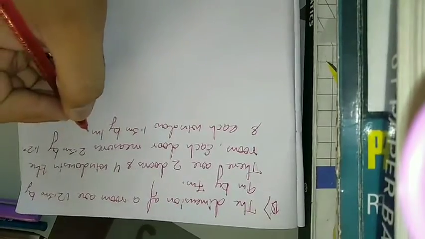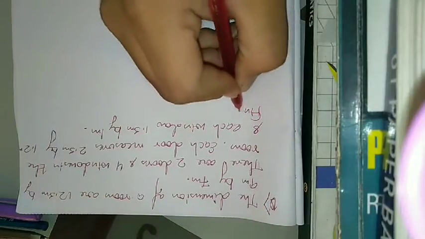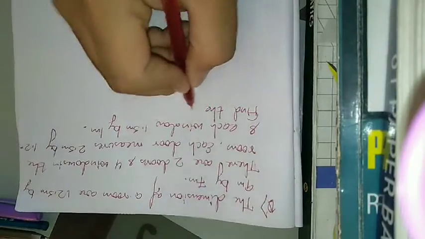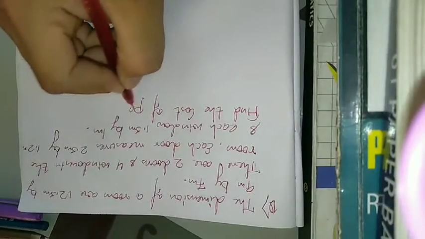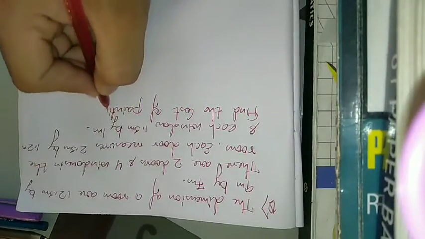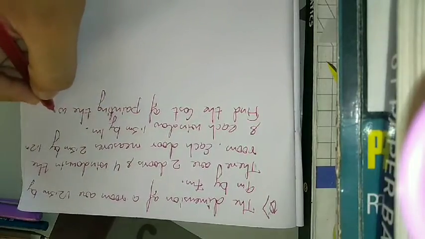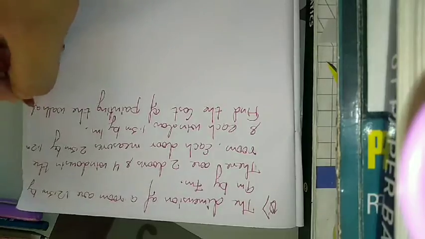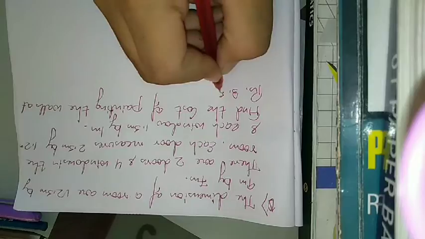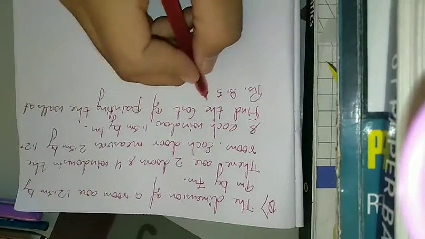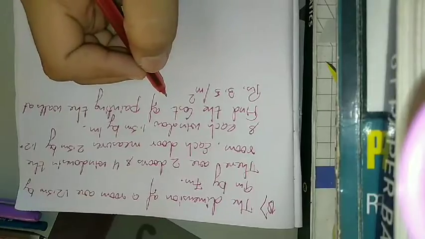Right, this is the dimension of the window. Find the cost of painting the walls at rupees 3.5 per meter square.